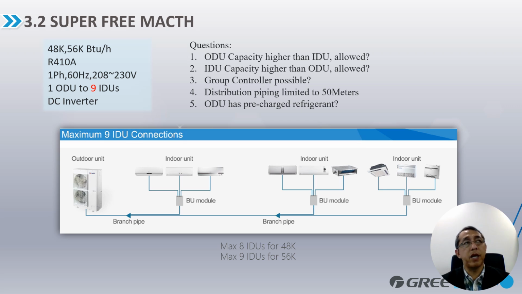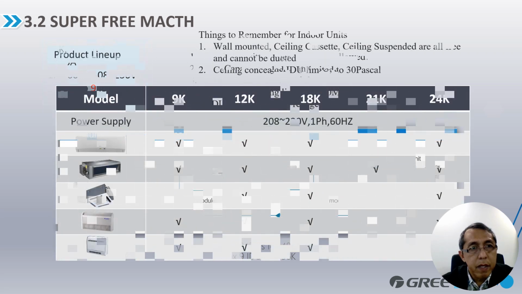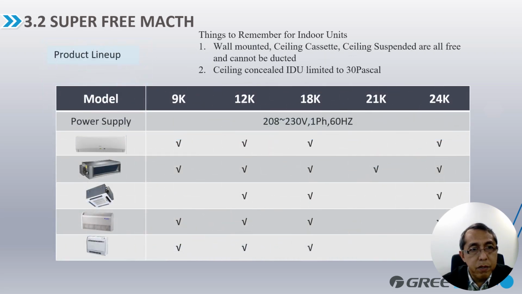Outdoor unit has pre-charged refrigerant? Yes. So you can connect for the super pre-match up to 9 indoor units, and it's coming with DC inverter, both indoor and outdoor. So for the super pre-match, you can use all these indoor unit model configurations.